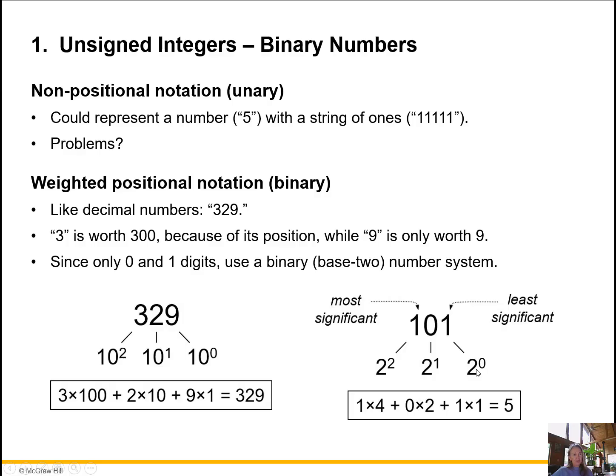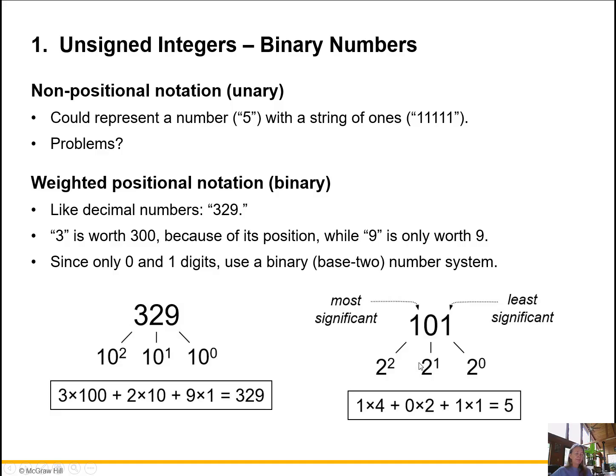So position 0, 2 to the 0 position, 2 to the first position, 2 to the second position, and we'll continue that on. The next one would be 2 to the third. Just like if I was working with these 10s, the one up here would be 10 to the third, which would be the thousands position. This first position here is called the ones position.